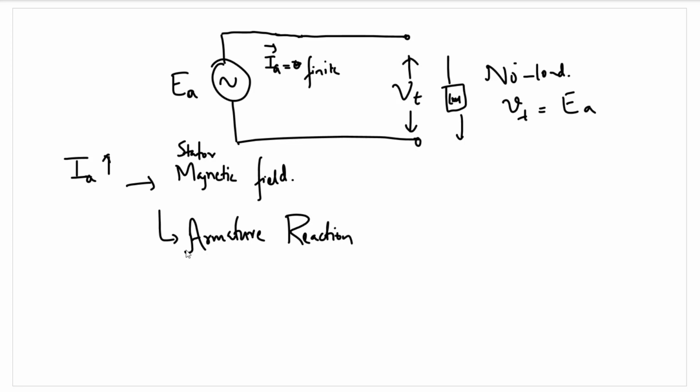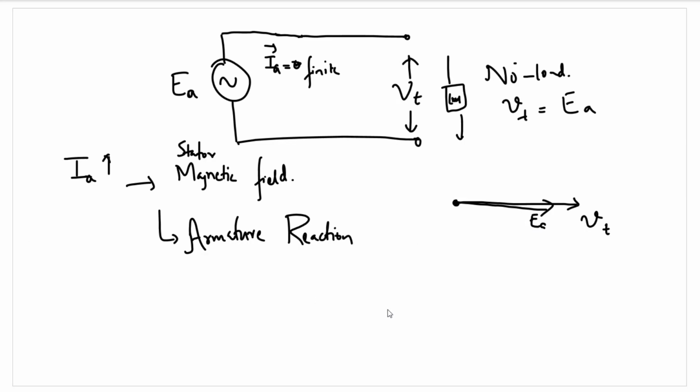Now, what we know is the effect of this magnetic field is somewhat, if we say that initially at no load, Vt, this was the direction of Vt, this was the direction of Ea as well, as both were equal.